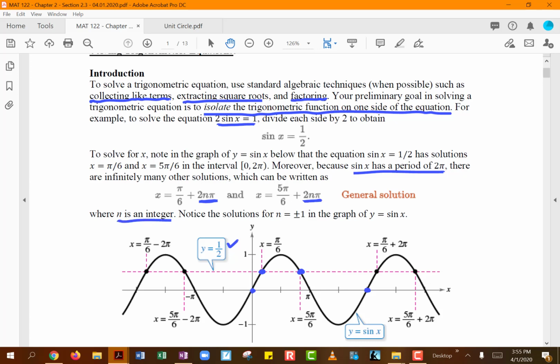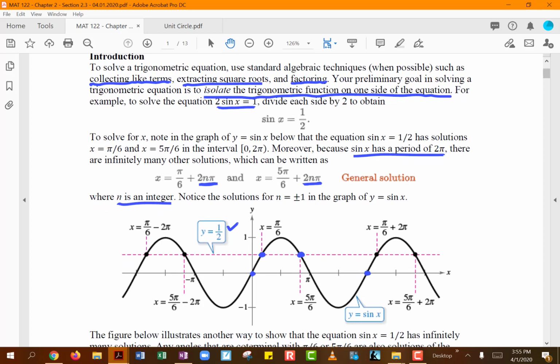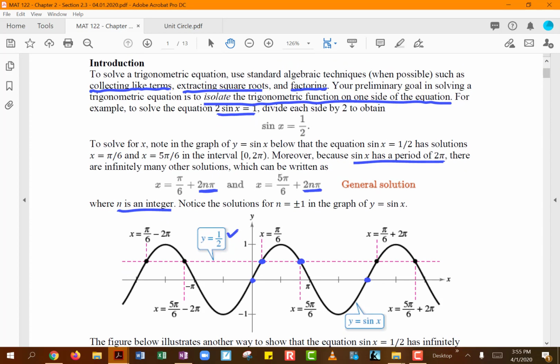So n can be 0, 1, 2, 3, 4, or it can be -1, -2, -3. As long as those integers keep going to positive and negative infinity, you will have an infinite number of solutions here.